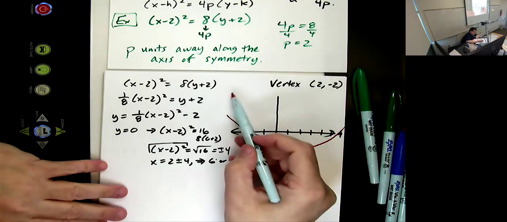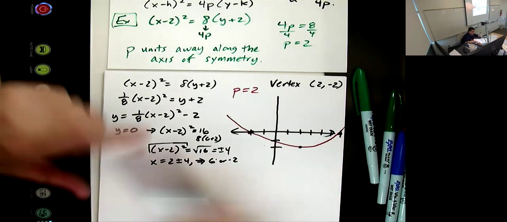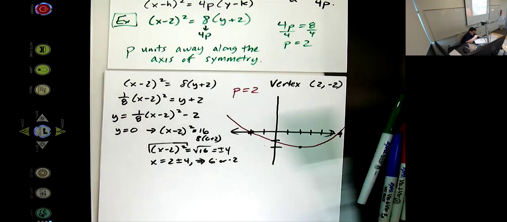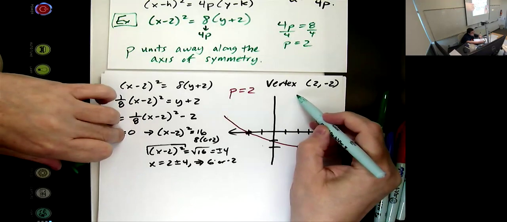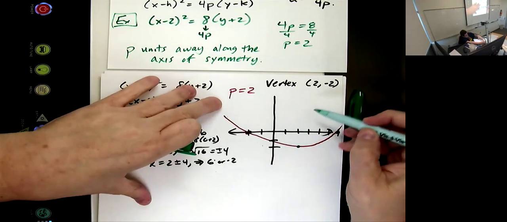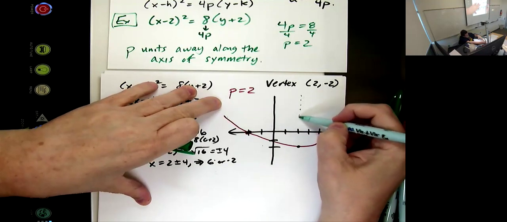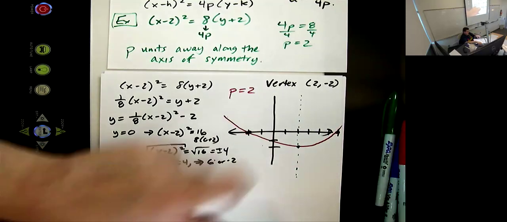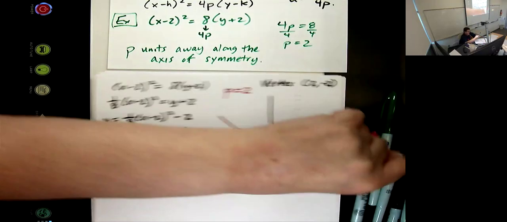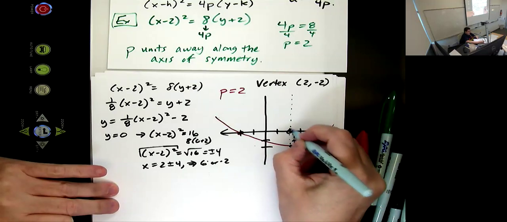We decided p equals 2. And so the axis of symmetry is along here. That's my axis of symmetry. So I'm going to go up 2 and put a point.